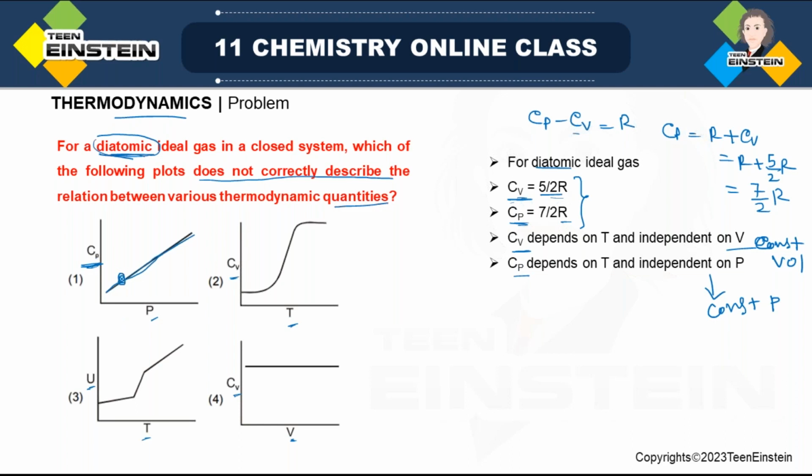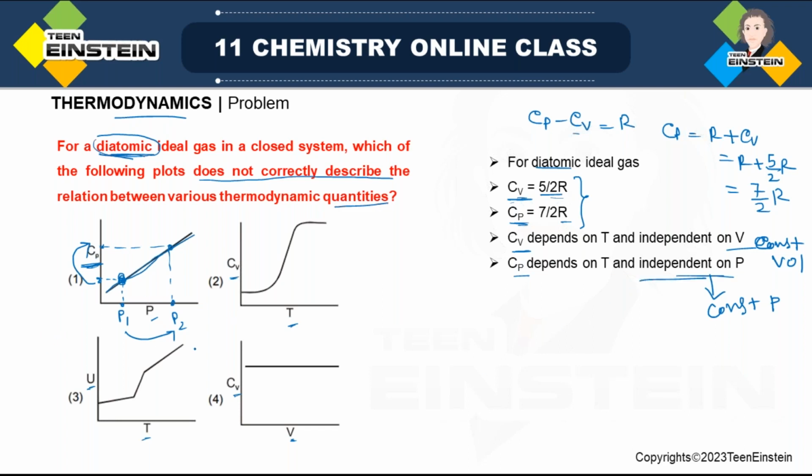Just take any point here. This is the corresponding value of Cp, this is the corresponding value of P. Take another point. Suppose this is P1, this is P2. So when you increase the pressure from P1 to P2, Cp is also changing from this to this. So there is an increase in Cp, but that is not correct.